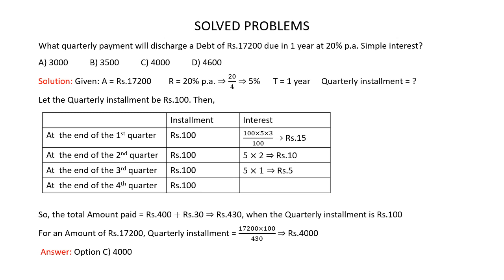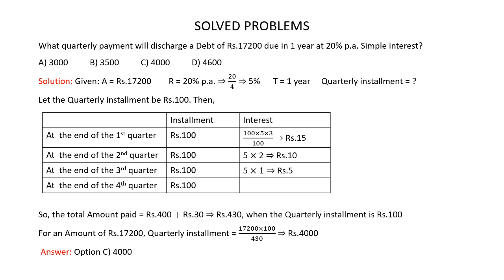Now each payment includes an installment and an interest. Now installment is the same for all the quarters and this is nothing but the quarterly installment that we have assumed.